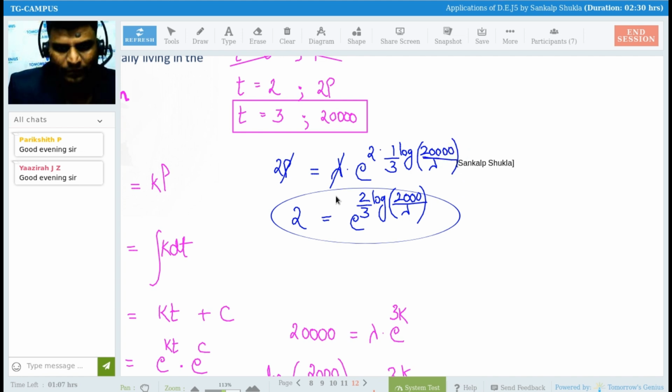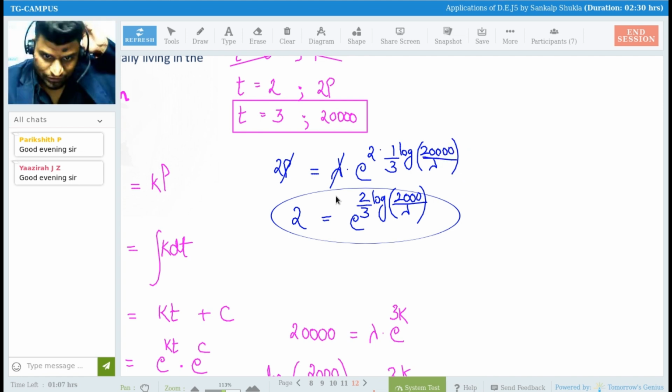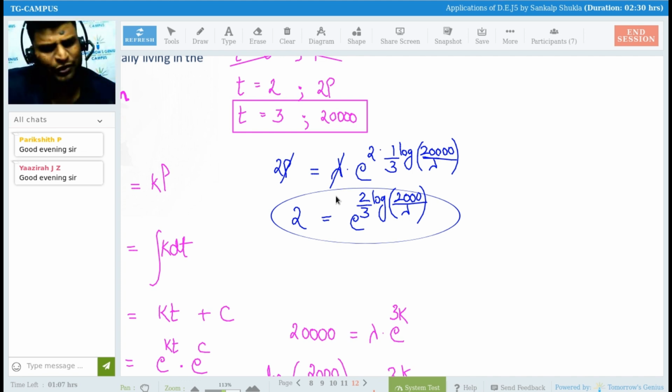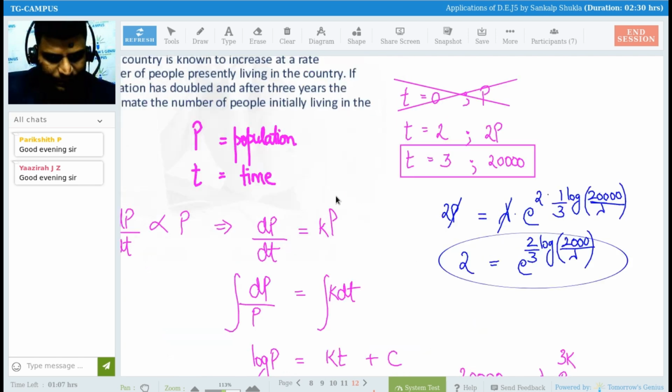Also, I'll cross check the solution. Like if the values are genuine and the answer is there. So we can drop this question till here because right now the concept is clear. The equation has been framed. Right. So if it is about the answer, I'll give you clarity on this.